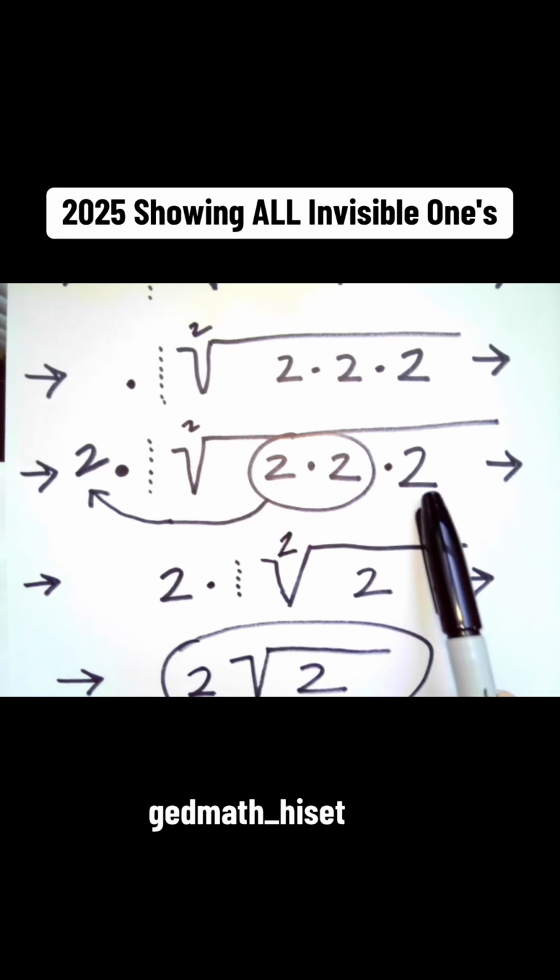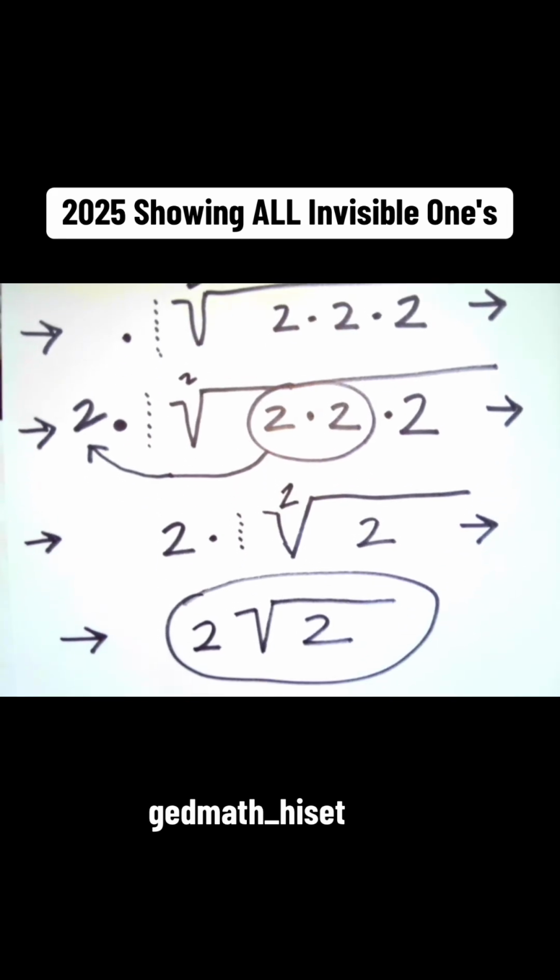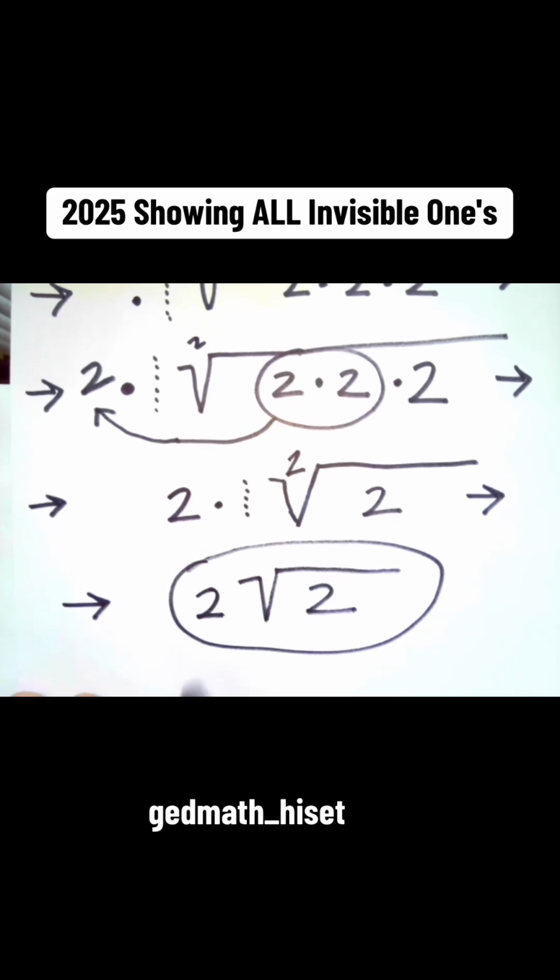It doesn't have a partner to pull out 1 value. So you're going to just leave it on the inside there. And as we simplify further, you can see 2 times 1 is 2. We're going to leave that 2 inside the square root. Again, there is no partner to pull out that 1 value.